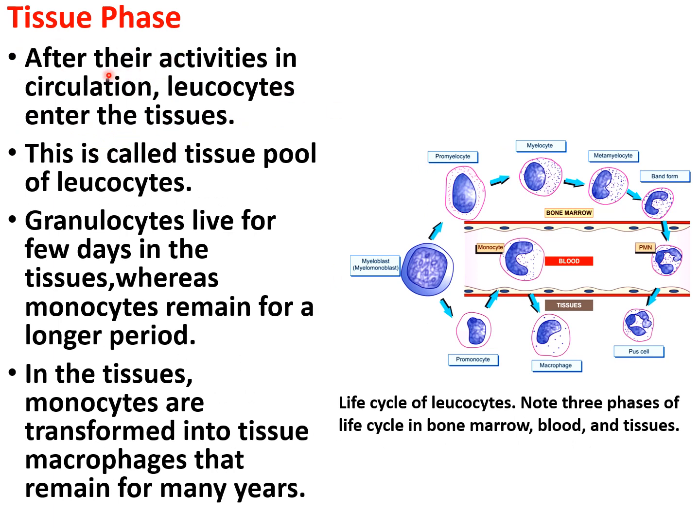Then tissue phase. After their activities in the circulation, the leukocytes enter the tissues. This is called tissue pool of leukocytes. Granulocytes live for a few days in the tissues, whereas the monocytes remain for a longer period. In the tissues, monocytes are transformed into tissue macrophages that remain for many years.